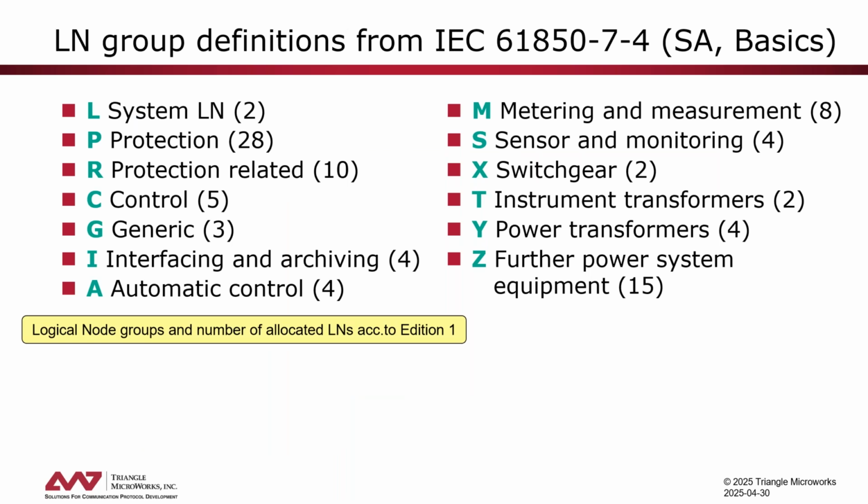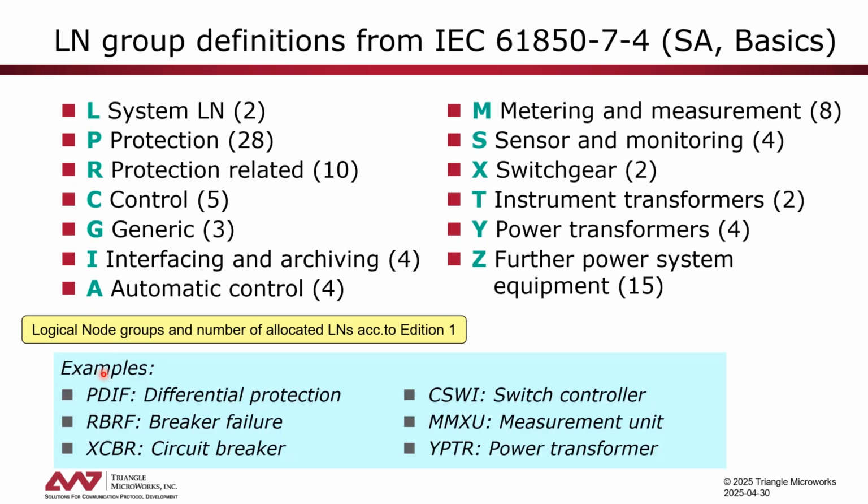To give you some ideas of the logical nodes, IEC 61850 part 7-4, which defines these logical nodes, groups them. The first character of the four-character logical node identifier gives us an idea of the group. As examples, we have protection related logical nodes, like the differential element here. We have protection related logical nodes that become relevant when a protection trip happened, like the breaker failure.